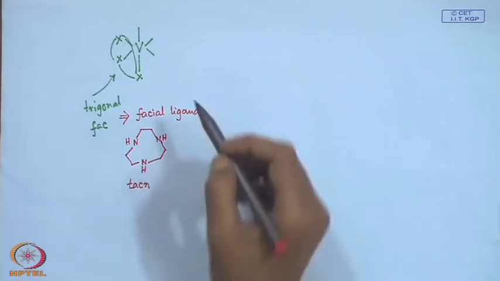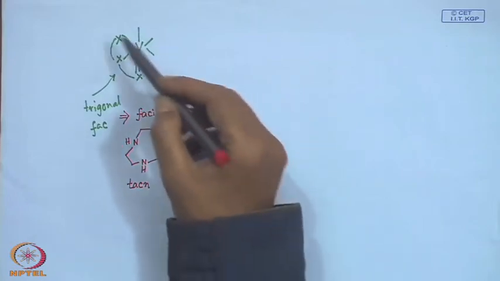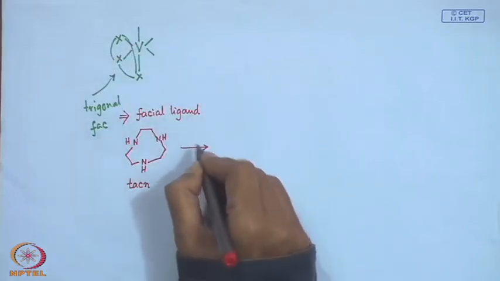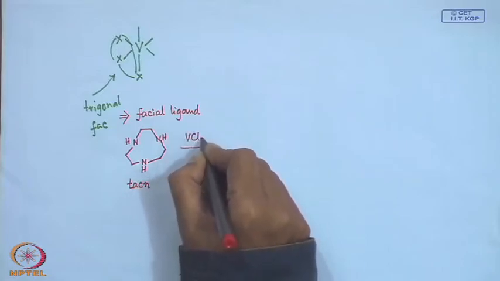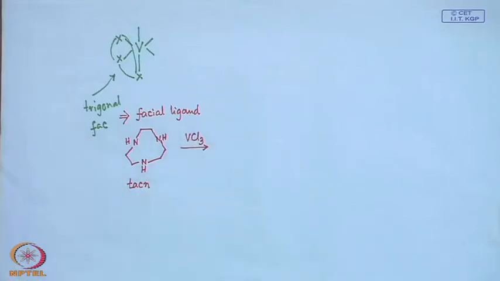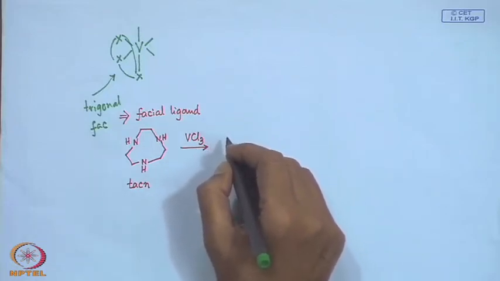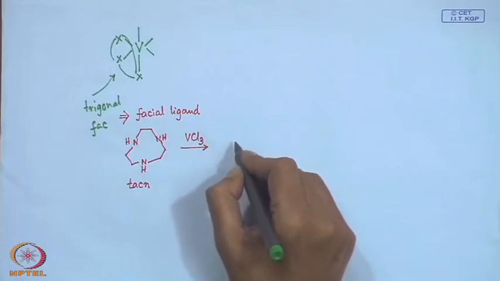When the triazacyclononane ligand reacts to give some vanadium compound, for example with simple vanadium trichloride, what compound do we expect? We will see in some next classes how these model compounds can be generated and can be very good catalysts.